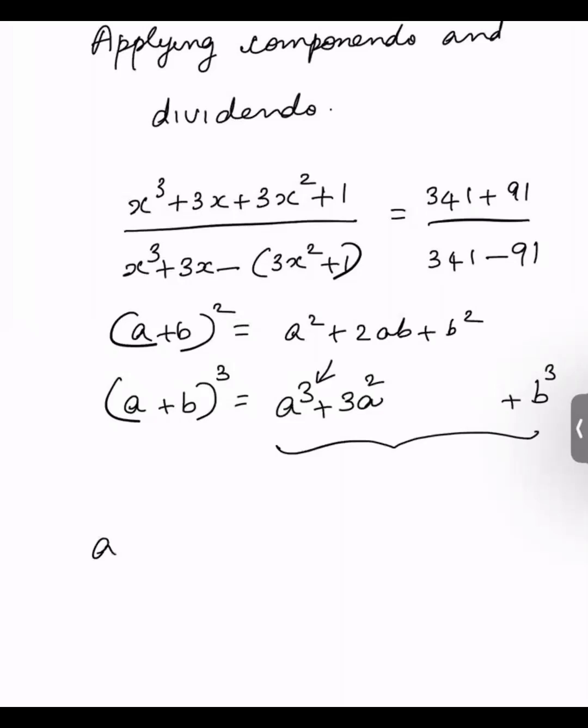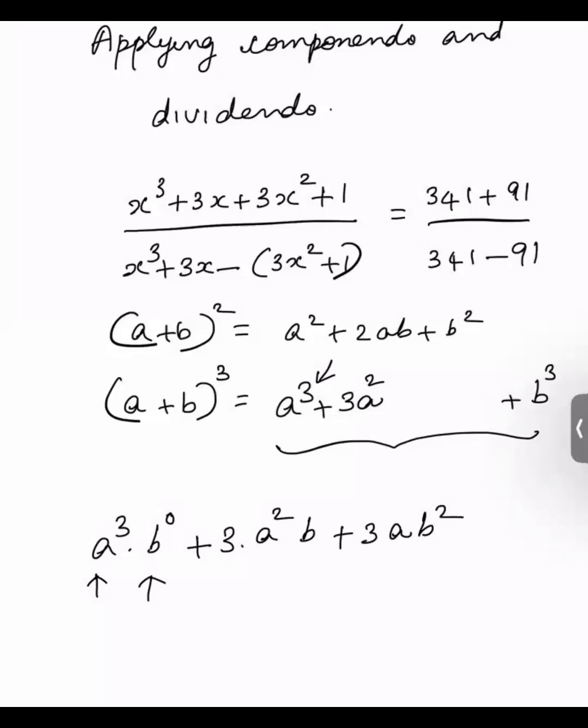Okay, A cube into B to the power 0. And then 3 times you are reducing A's power, increasing B's power. Second term is A square, B to the power 1. Then in the next term, again, you will reduce the power of A, then A will become A and B will become B square.